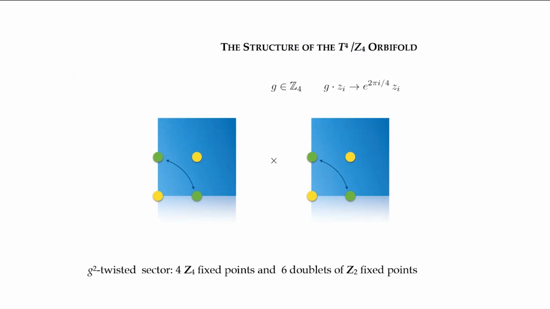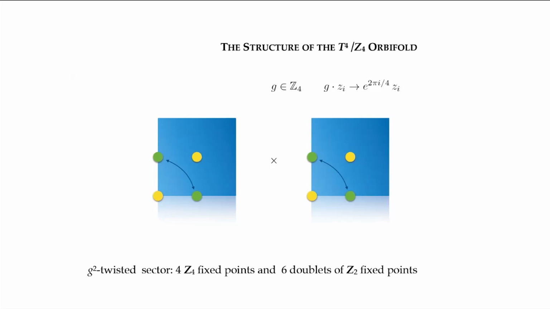I mean, these are four-dimensional points in four-dimensional spaces, and they are actually transformed one to each other by the Z4 action, and therefore they form a doublet of Z4. So altogether in the G squared twisted sector, you have 4 Z4 fixed points and 6 doublets of Z2 fixed points. Okay, so this is something which is well known, but just to recap and to fix some points.